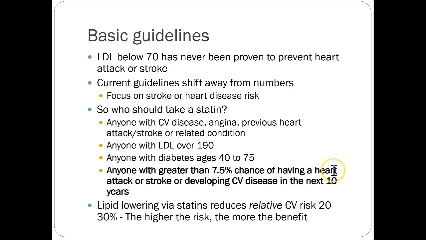Some people will say to go up to 10% too, and that 7.5 to 10% is sort of the middle ground where you can have a conversation with the patient. But overall, it seems like the 7.5% chance is the cutoff that was decided that, well, this is where that relative risk benefit actually kind of flips over and makes sense to put people on a statin.